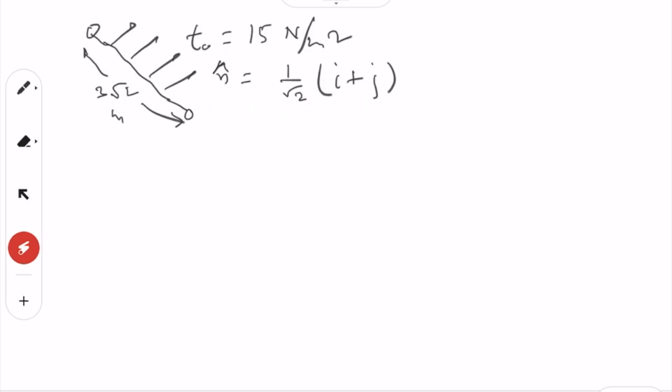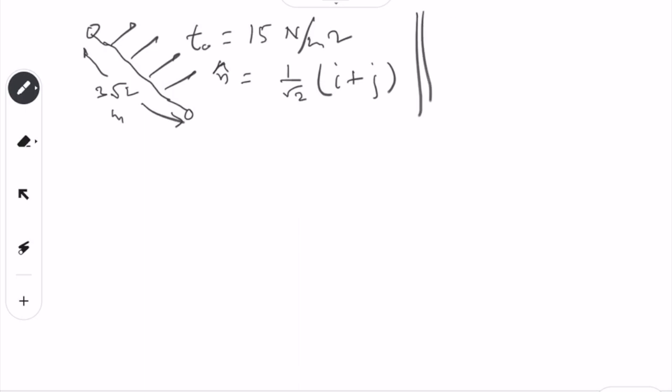Okay. Now, looking at this one, in fact we do not have to actually integrate. This is a constant distributed force. So, the total force you can find out without doing integration.